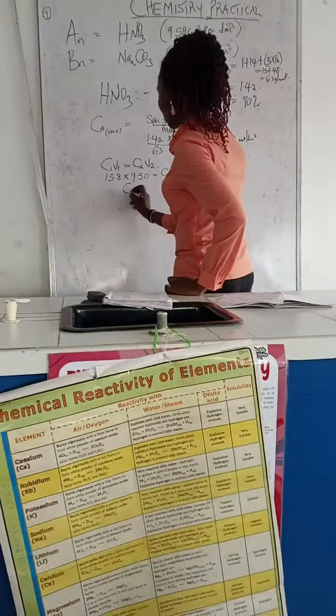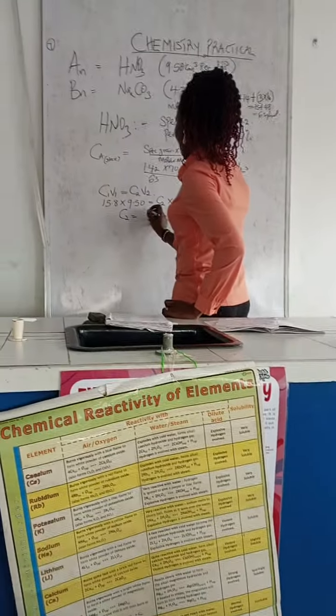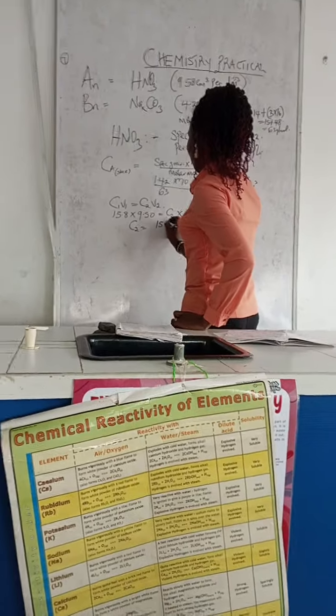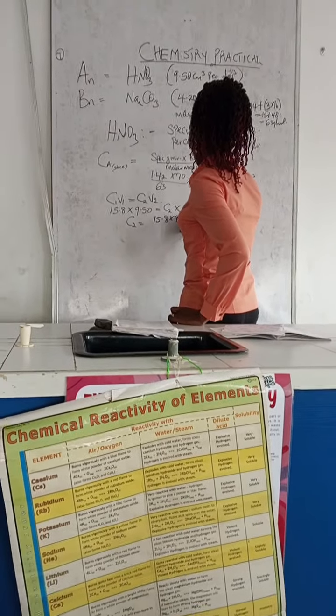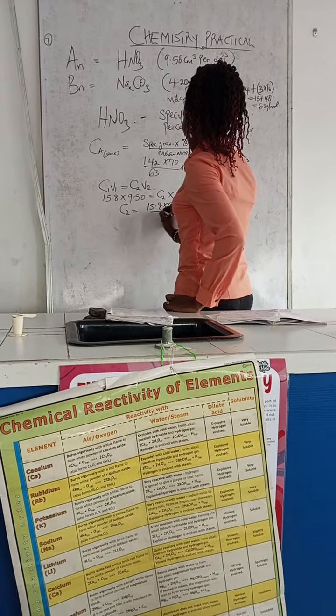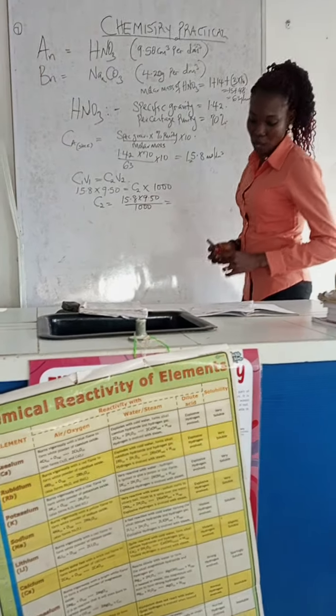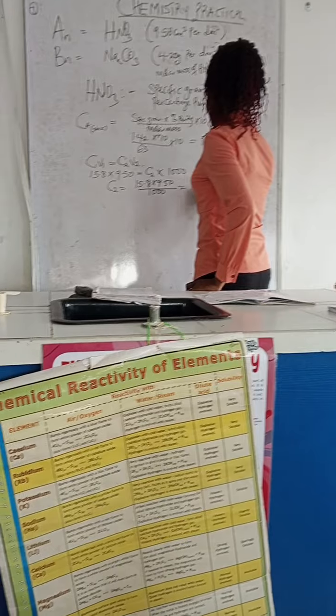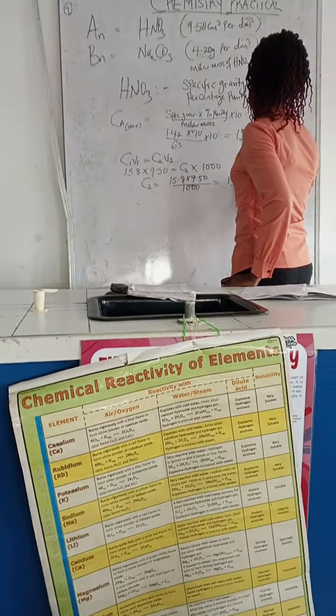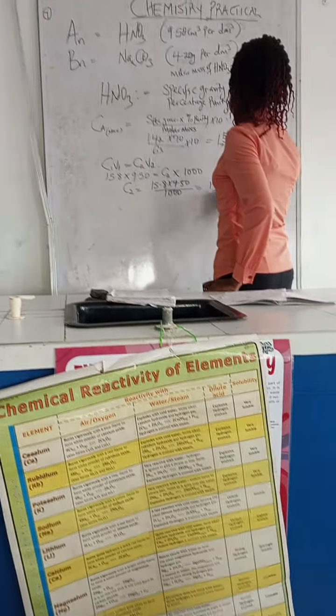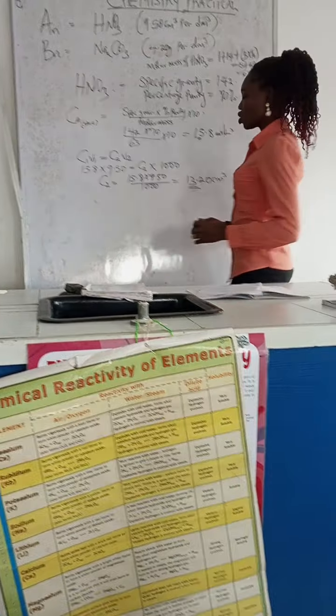So therefore our C2 is going to be 15.8 times 9.50 over 1,000.